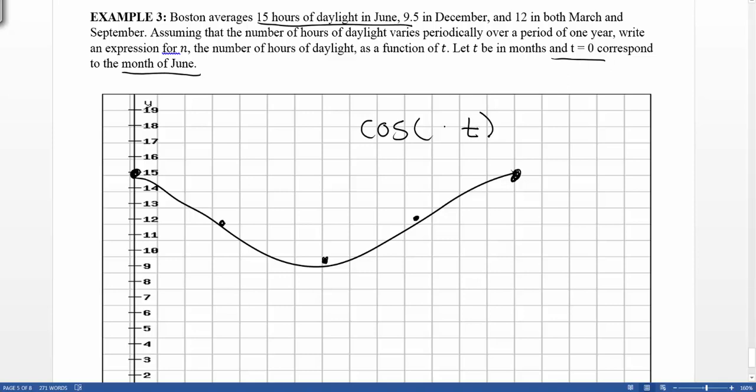I have to figure out my amplitude, my period, and my shift. Let's start with the amplitude. I'm going to take my maximum value, which appears to be 15, minus my minimum value, which is 9.5, and then divide that by 2. 15 minus 9.5 is 5.5, and if I divide that by 2, I get 2.75.